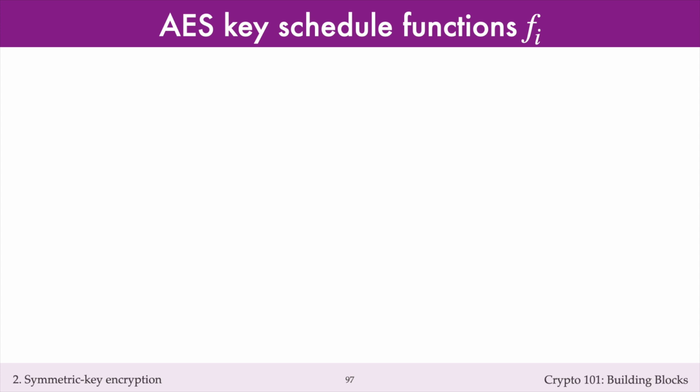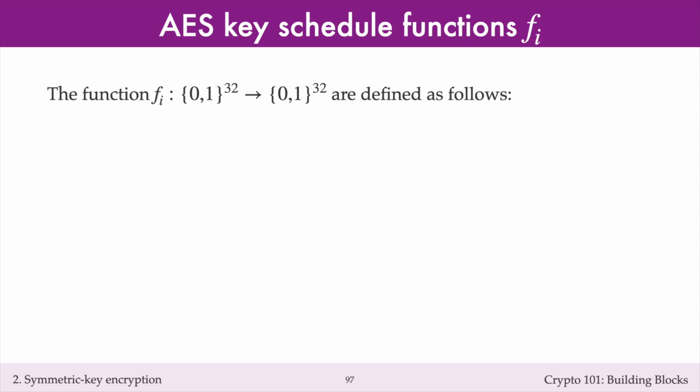Lastly, here is a description of the key schedule functions fi. Each fi maps words of bit length 32 to words of bit length 32 and is defined as follows.